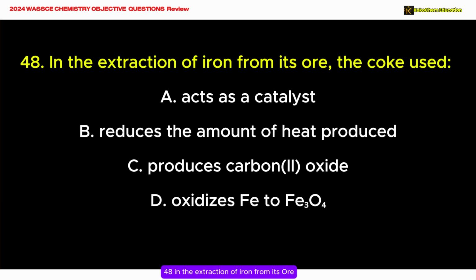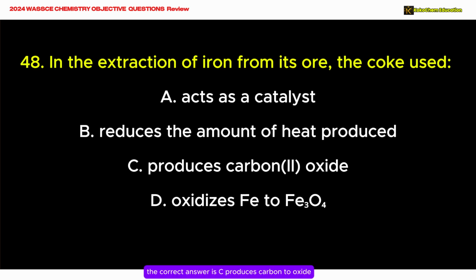48. In the extraction of iron from its ore, the coke used A. Acts as a catalyst, B. Reduces the amount of heat produced, C. Produces carbon dioxide, D. Oxidizes Fe to Fe3O4.